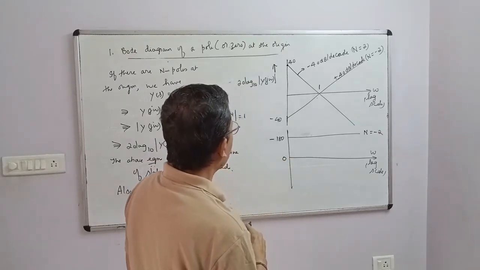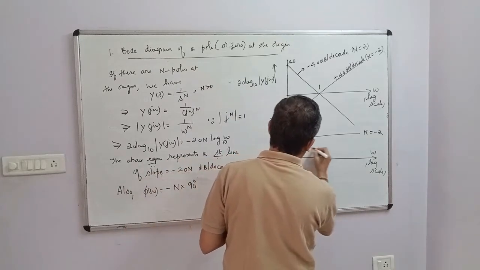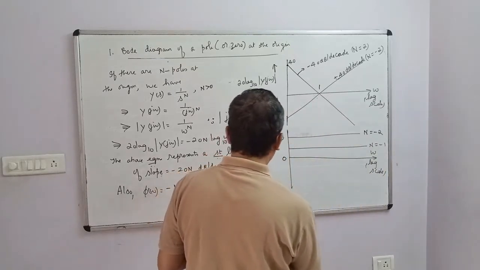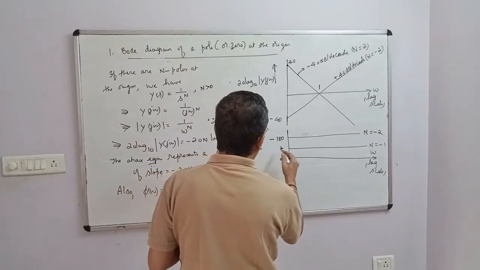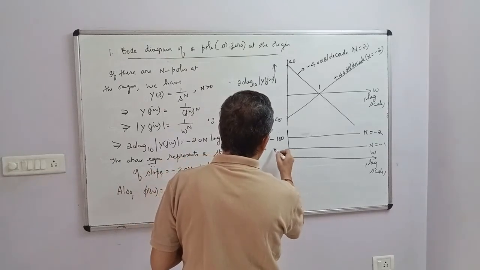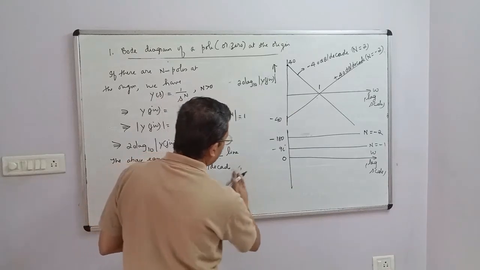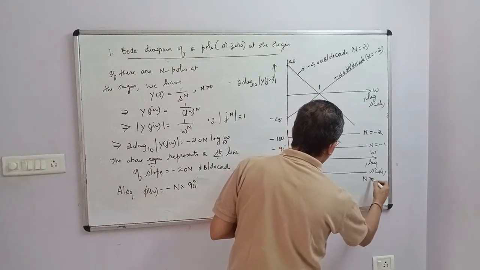When n is minus 2, it is minus 180 degrees. When n is minus 1, it is minus 90 degrees. In the earlier case, when n is 1, it is minus 90 degrees.